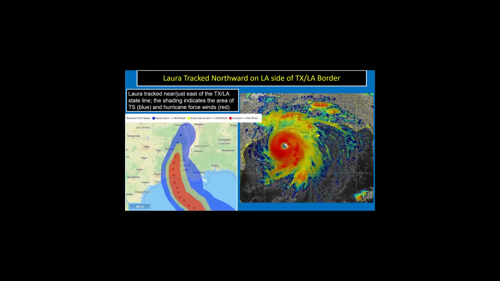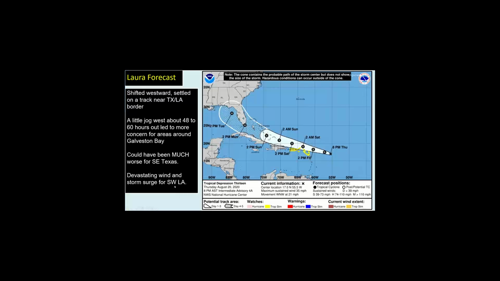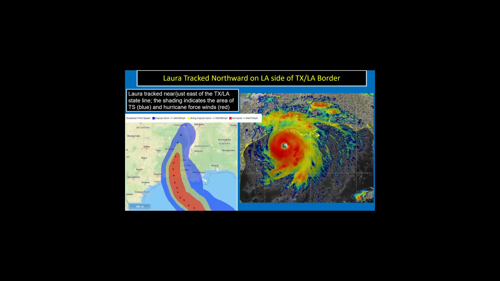Here's more of a close-up showing the track of the center, actually just on the Louisiana side of the Texas-Louisiana state line, but close enough to bring hurricane force winds into places like Orange, Texas, over to Beaumont, and anywhere along that eye-wall track is where you're going to get devastating wind damage.